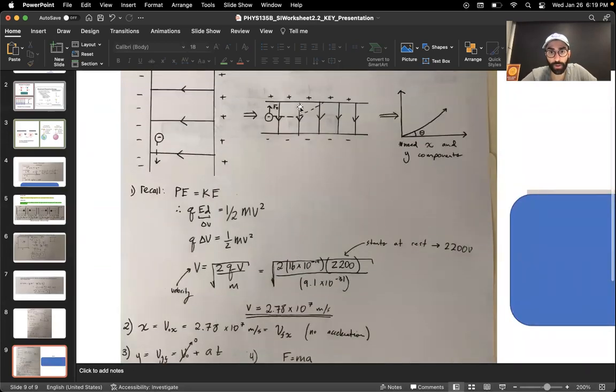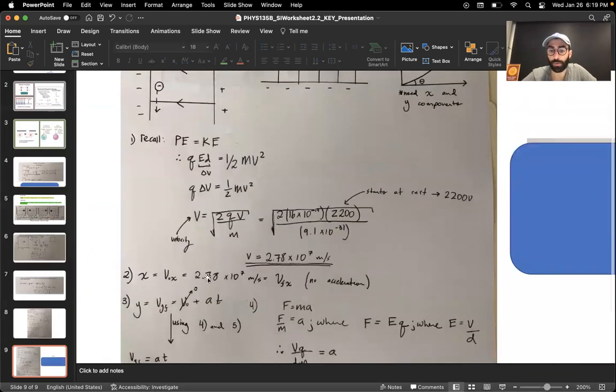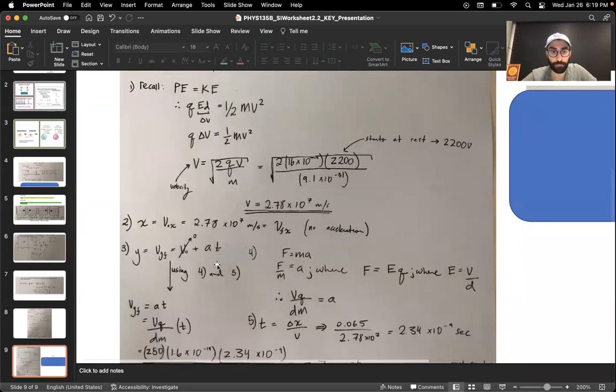We also know there's no acceleration in the x direction, so v naught x equals the v final x, that being velocity. And that's just no acceleration, right? So next we're going to look at the y direction. With the y direction, we just use this kinematic equation. We have to solve for acceleration and time because we don't know any of that information yet.